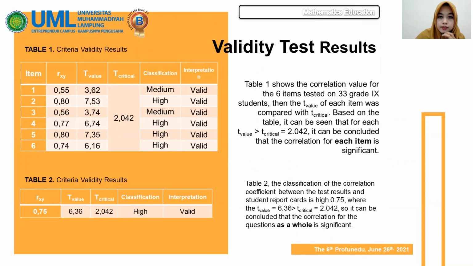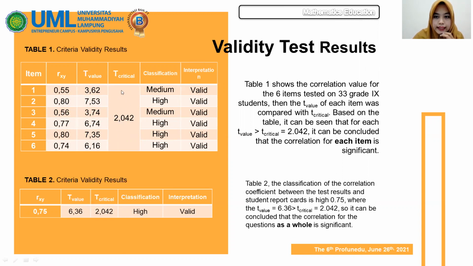Validity result. For the validity test, Table 1 shows the correlation value for the 6 item test on 33 grade 9 students. Then the t-value of each item was compared to the t-critical.